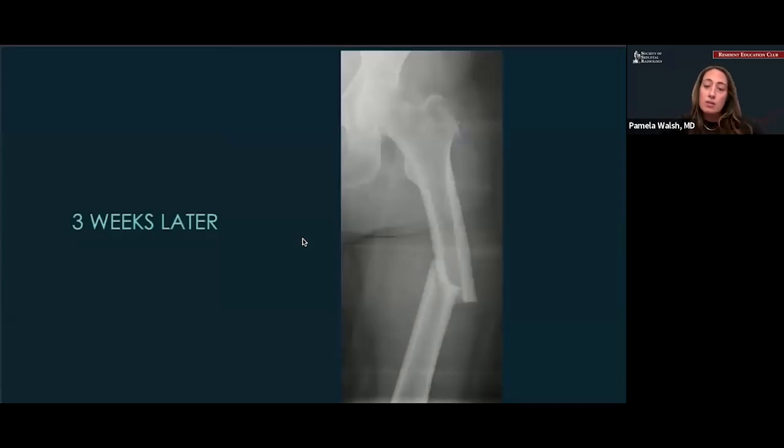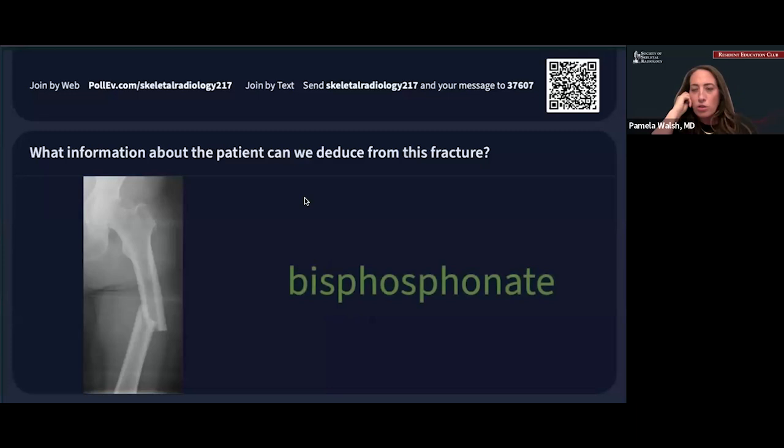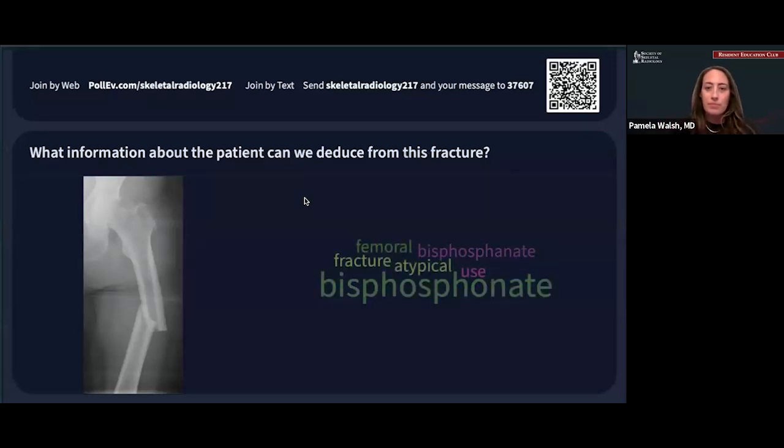So what happened to this patient is we see this fracture, which looks transversely oriented in that region where we saw cortical beaking. So we saw that fracture pattern, and we saw that cortical beaking that was there prior to it fracturing. So what can we assume about this type of fracture?